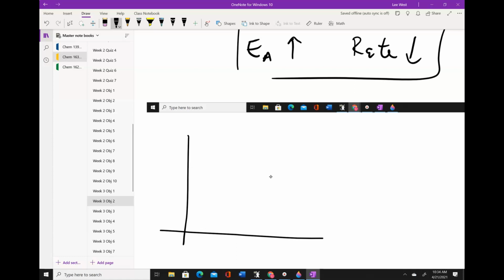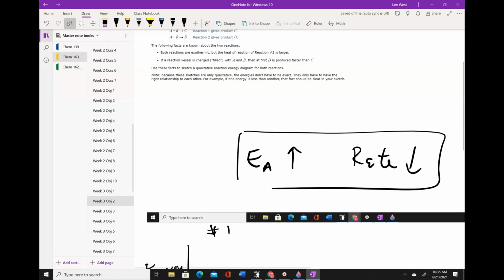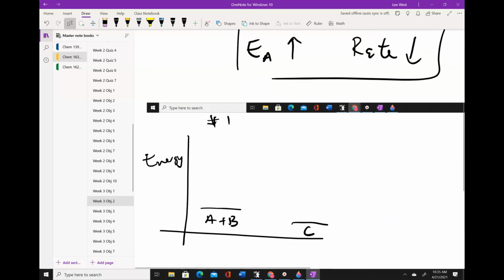We've got, for number 1, here's energy. So we've got A and B as our reactants, and it says both of the reactions are exothermic. So our products for number 1 were C, and they're relatively close to one another.